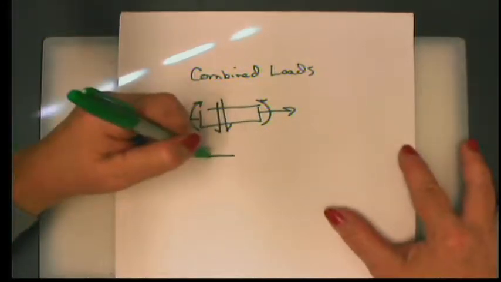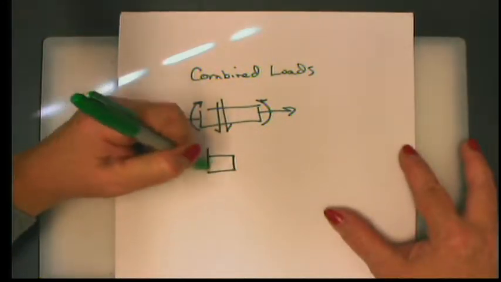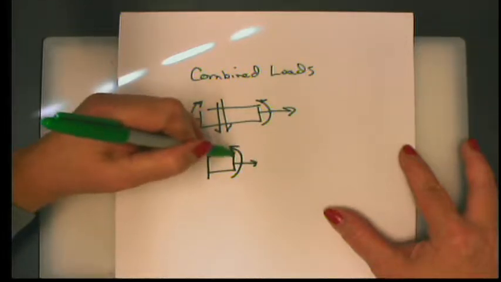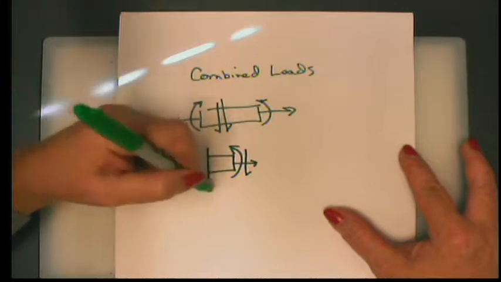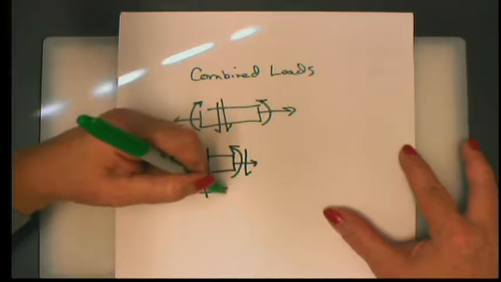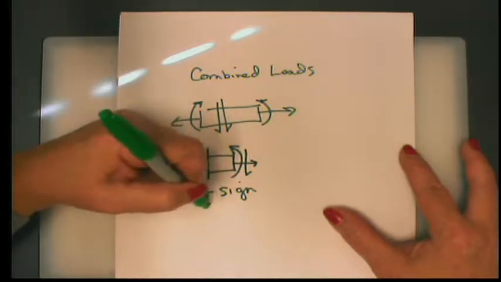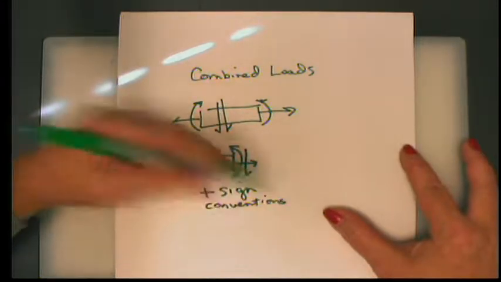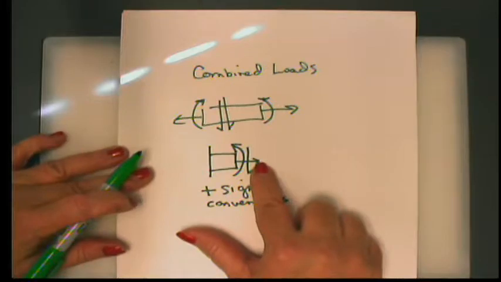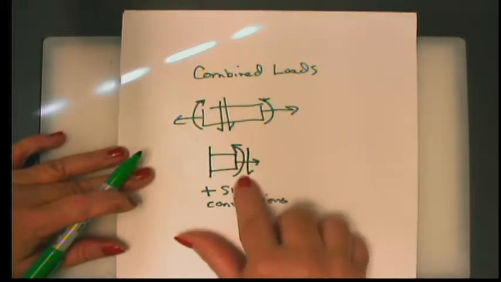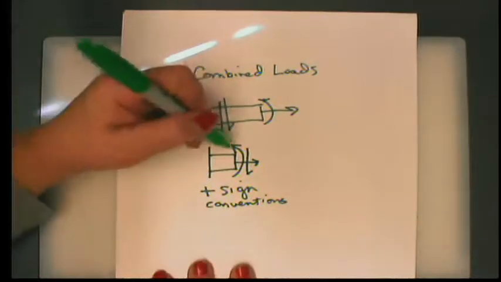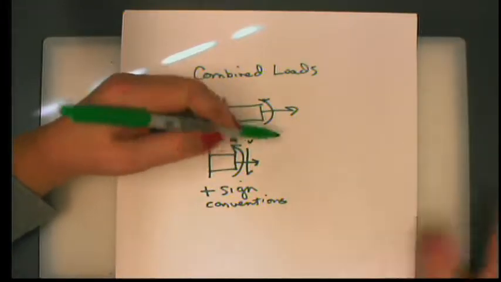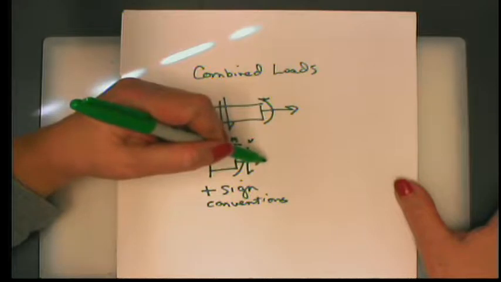And we really haven't even developed a really good sign convention. So I'm going to draw you this little picture like this. And this is the positive sign convention for each of our three types of loads. In other words, pulling, tension, positive bending moment, and if we cut on the right, a shearing load that goes downward.